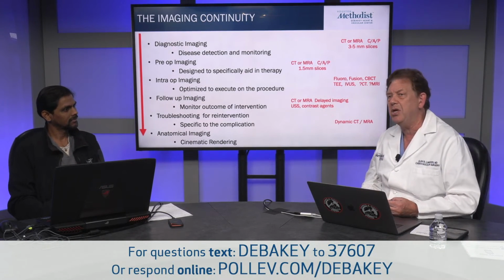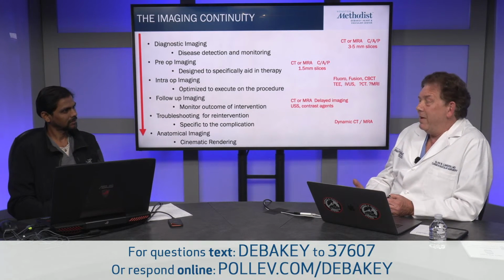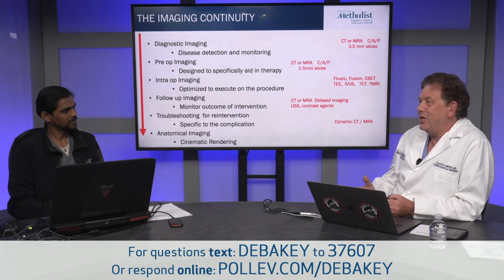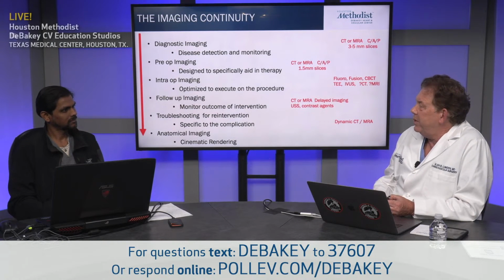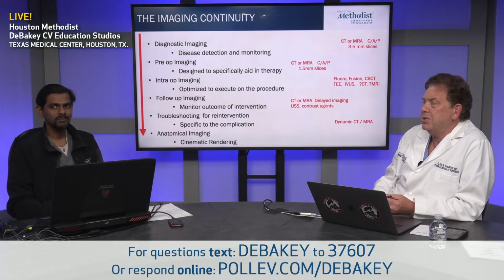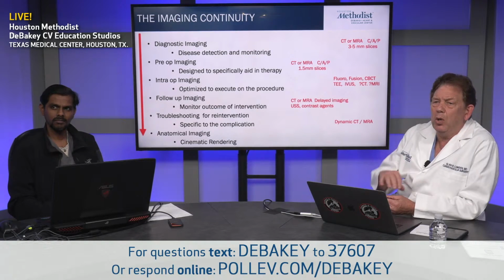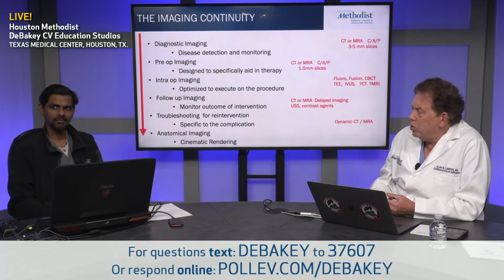Fortunately, in our organization, the imaging belongs to the Heart and Vascular Center. We don't have absolute power over it by any stretch of the imagination, but at least we can influence it a lot more than the cookie cutter CT scan that happens in the majority of places. So the diagnostic imaging flows all the way through to post-operative follow-up.